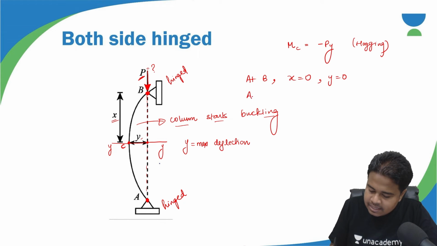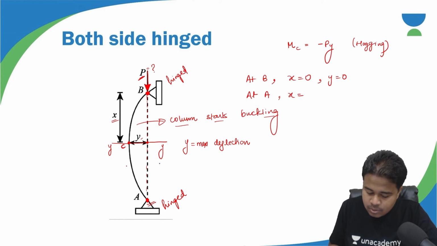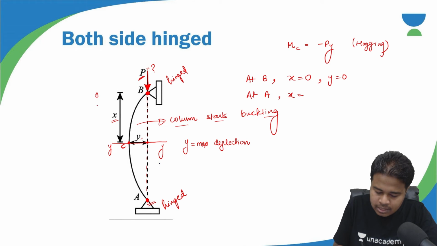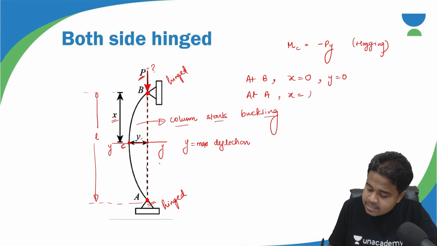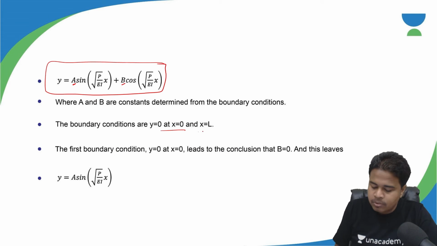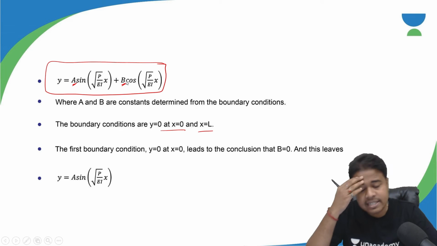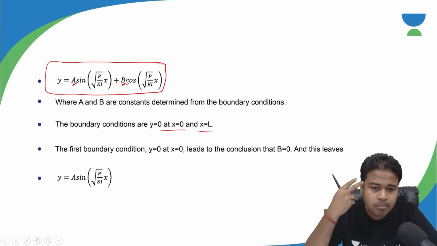And at the a point, x equals L, because this is the total length of the column, L. So at x equals L, y is again 0. So we got two boundary conditions. Obviously we have two constants, so we need two boundary conditions.